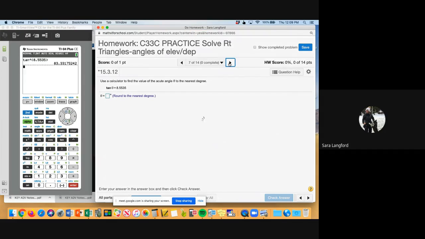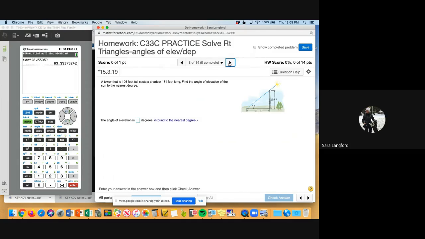So let me look at another one of these. This problem, yours would be similar. Numbers will be a little different. A tower that is 105 feet tall casts a shadow 131 feet long. We're finding the angle of elevation of the sun. So you have to see what trig function to use. In this case, 105 from theta is the side that is opposite. 131 is adjacent.